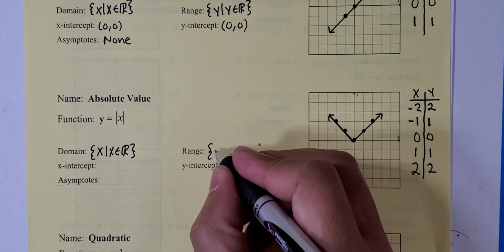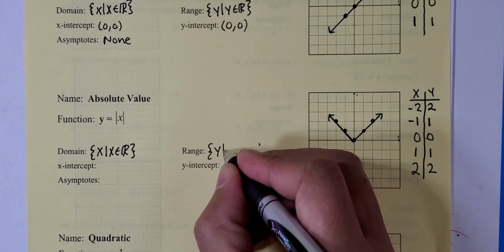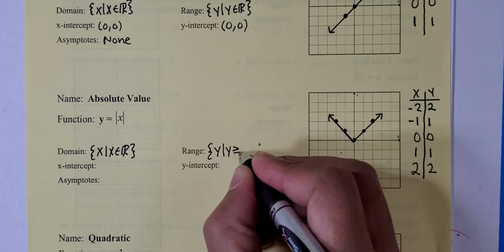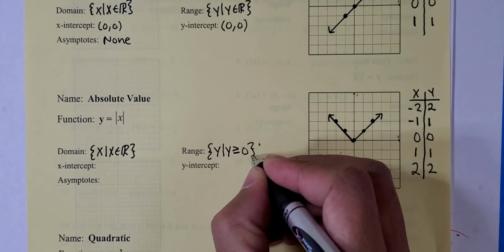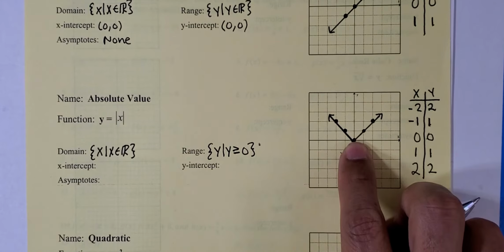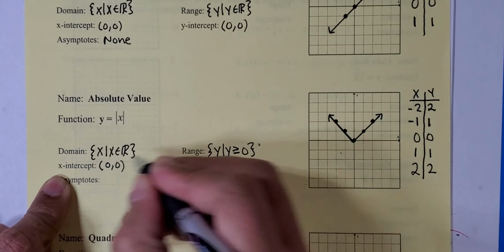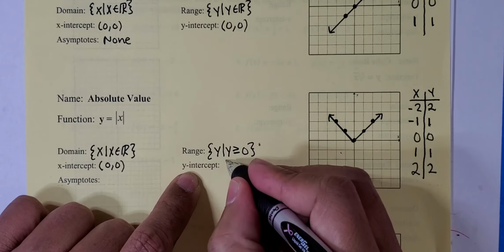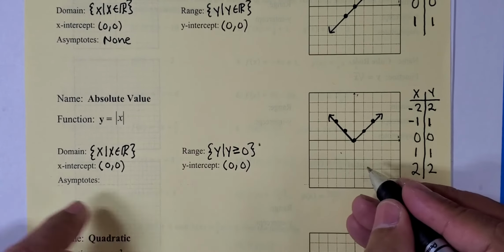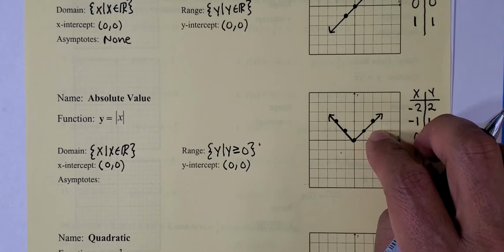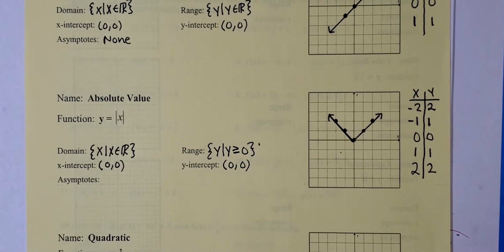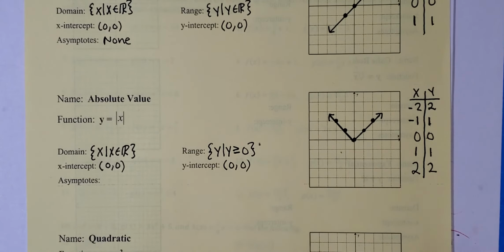Okay, so the range is going to be y such that y is greater than or equal to 0. X-intercept is right at the origin, so this is 0, 0, y-intercept, same thing, it's going to be 0, 0. Asymptotes, this one doesn't have any asymptotes.